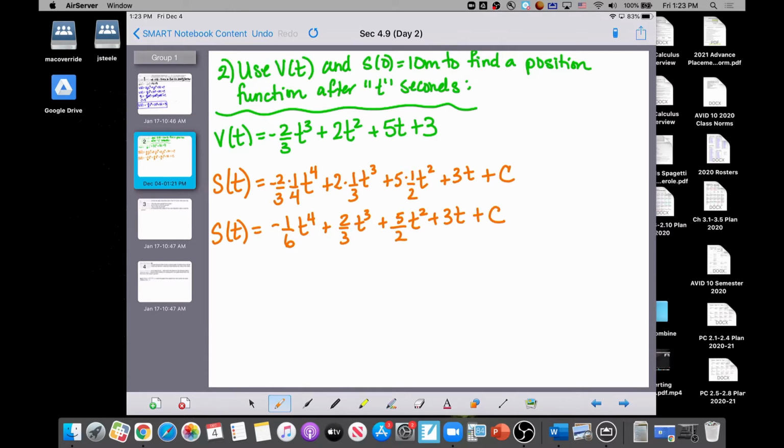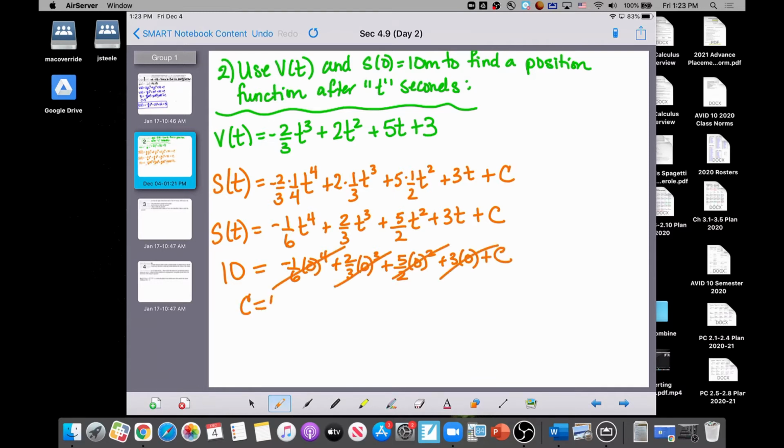Now let's find our c value, because s of 0 was 10. So that means that 10 has to be equal to, and again, when I plug in 0, everything goes to 0. So gone, gone, gone, gone.